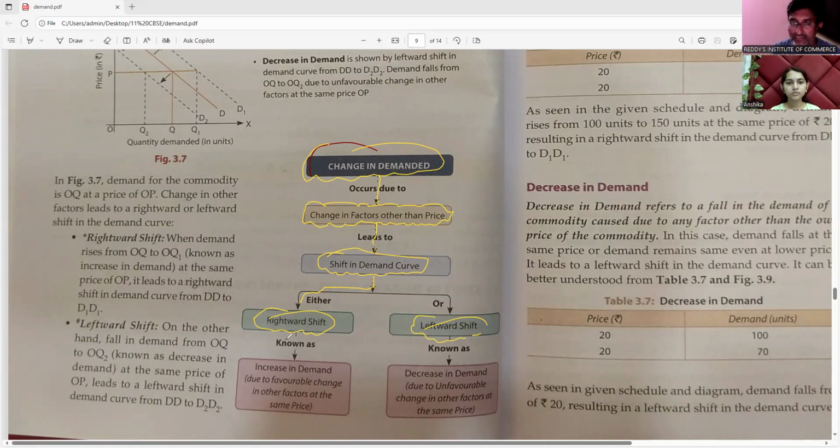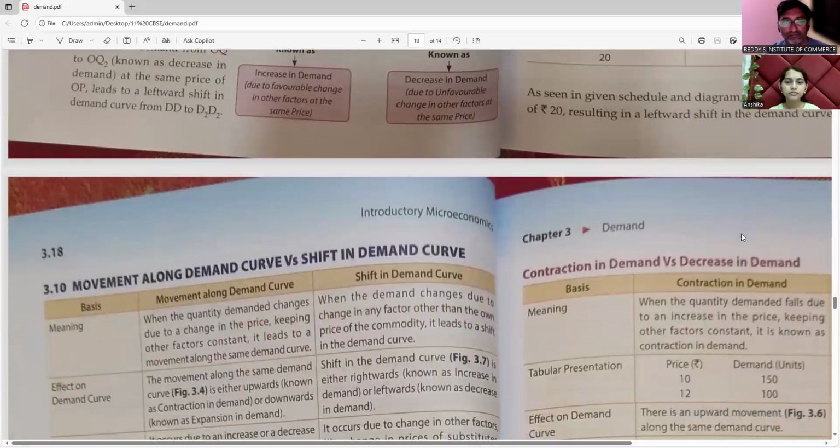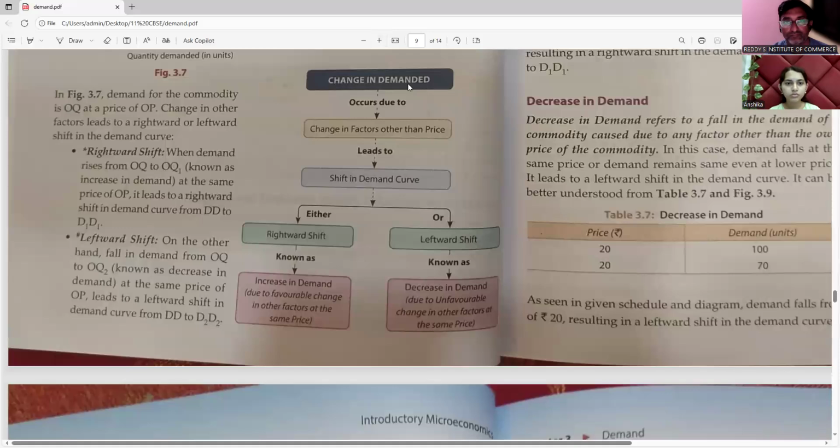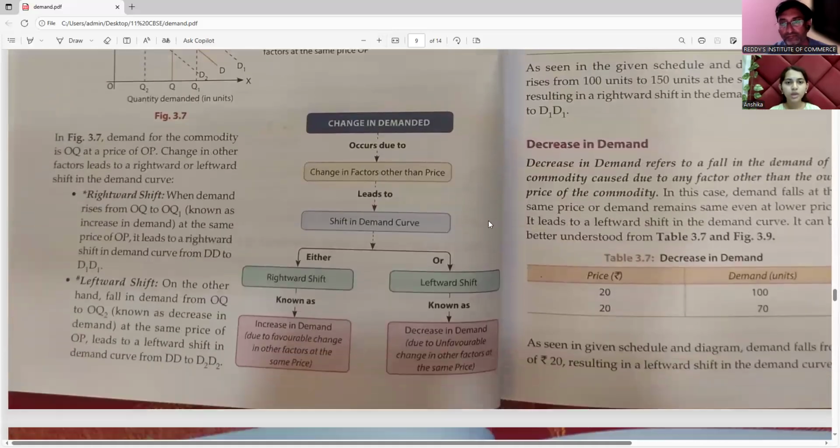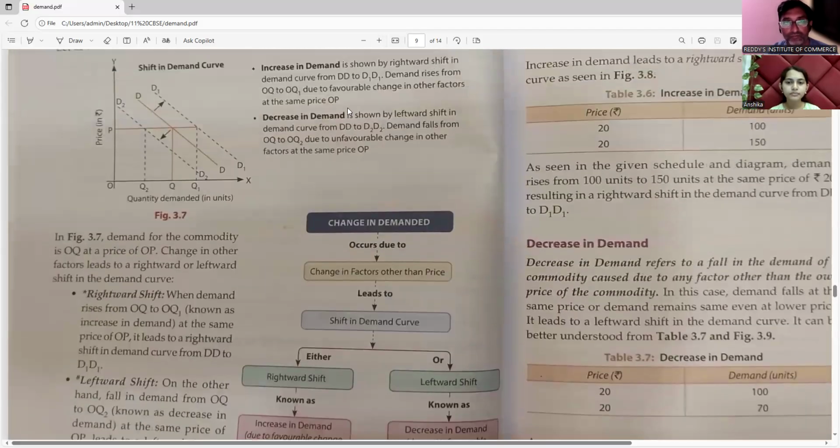If your demand curve is shifting to the rightward side, it is known as increase in demand. When it goes to the leftward side, it is called decrease in demand. It will be asked in the MCQ most of the time. I hope you understood up to this properly. Is there any doubt up to this? Okay, no problem.